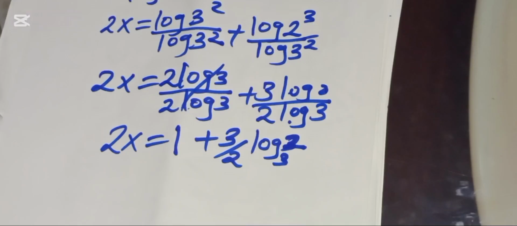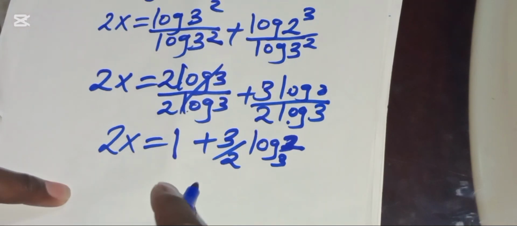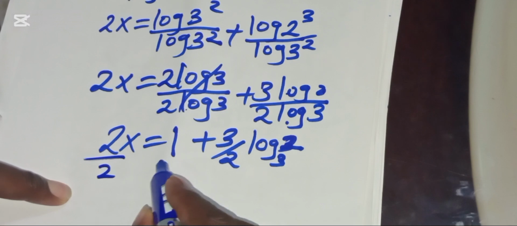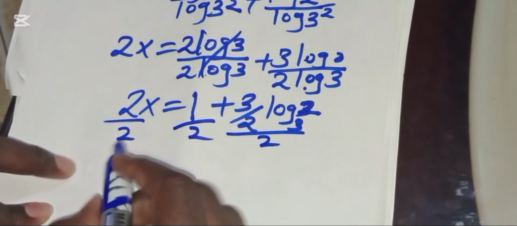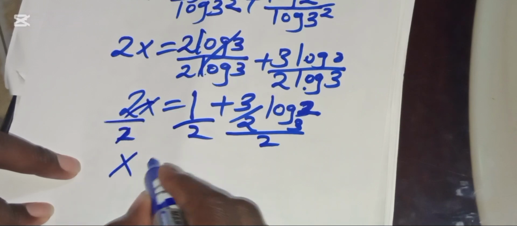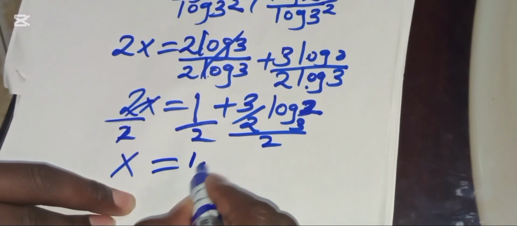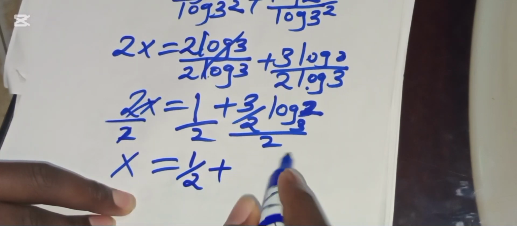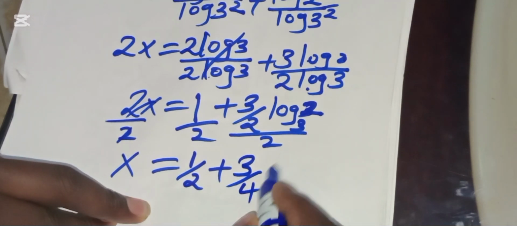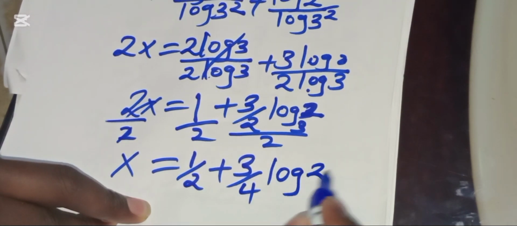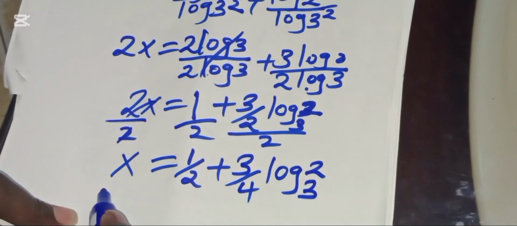So you have 2x equal to 1 plus 3 over 2 log 2 to base 3. Then we divide both sides by 2, so that the value of x is equal to half plus 3 over 4 log 2 to base 3. Now this is the value of x.